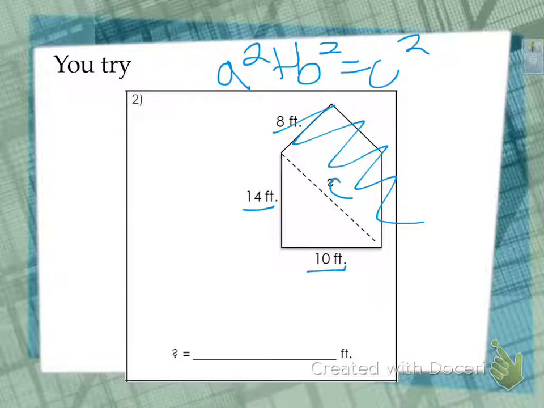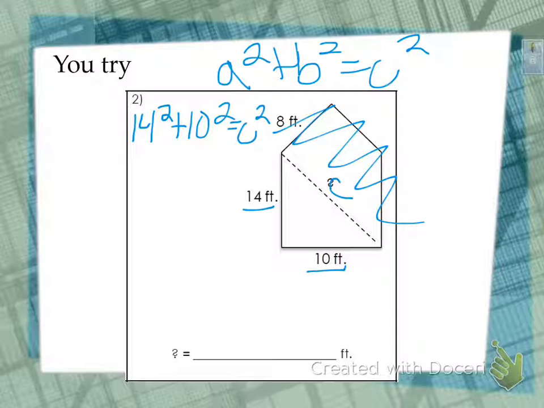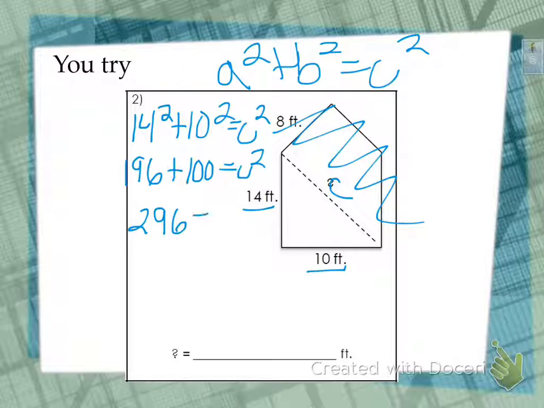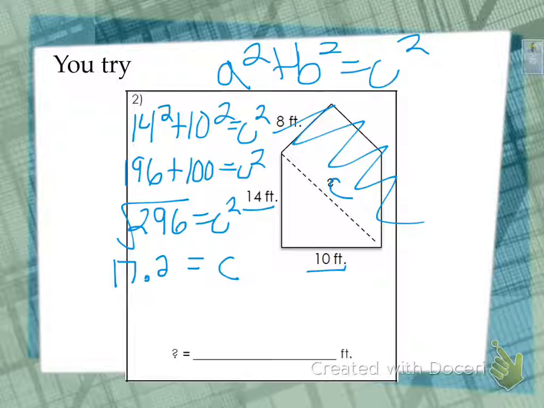Noticing that I am once again missing side C. 14 squared plus 10 squared equals c squared. 14 squared is 196. 10 squared is 100. 296 equals c squared, and when I find the square root of that, I see that my missing side is 17.204, which rounds to just 0.2 feet in length.